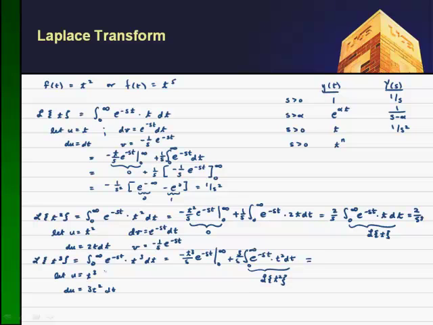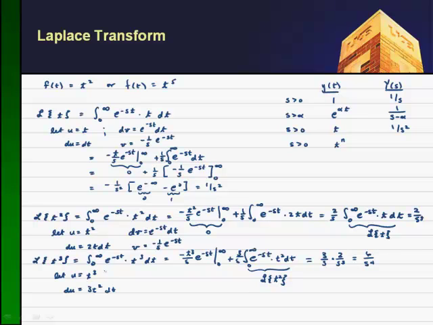And if I multiply that times 3 over s, I just found out it was 2 over s cubed. I get times 2 over s cubed. That gives me 3 times 2, which is 6 over s to the 4th.